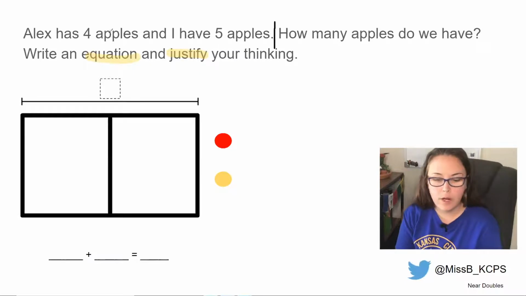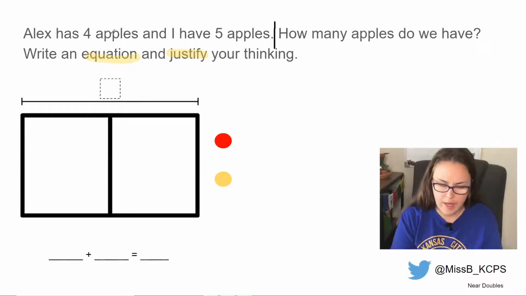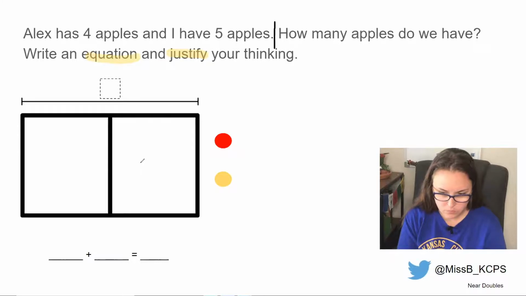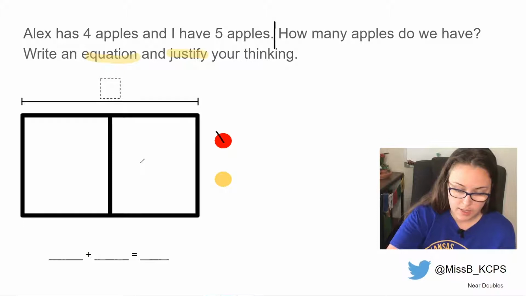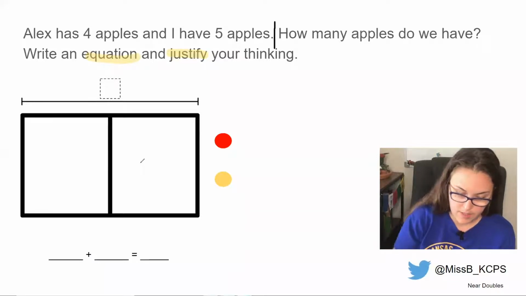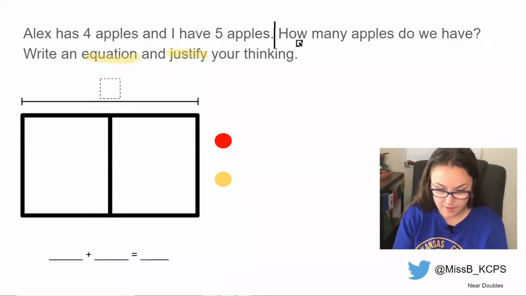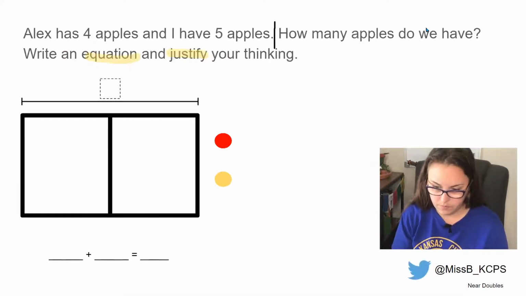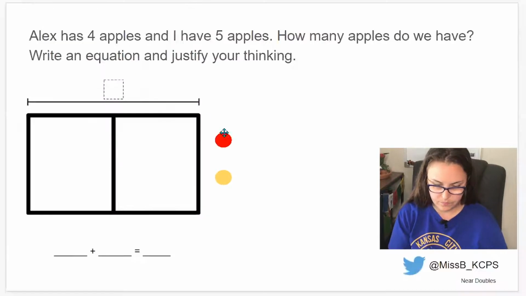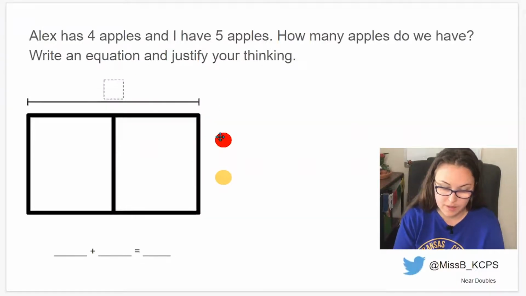Alex has 4 apples. How do you model that in our part whole map? So one thing I'm going to do is I'm going to take one of these counters and I'm just going to move it. Now I can do it.